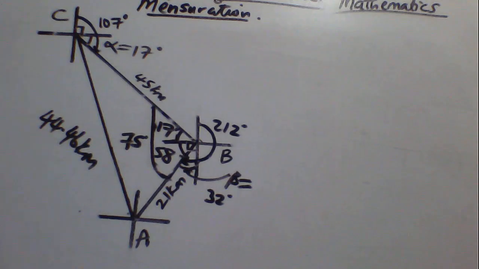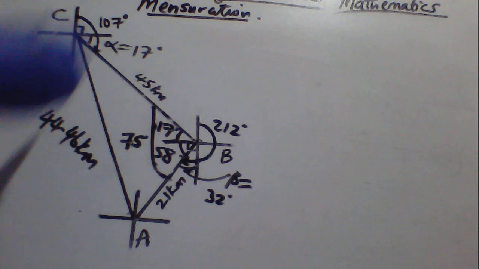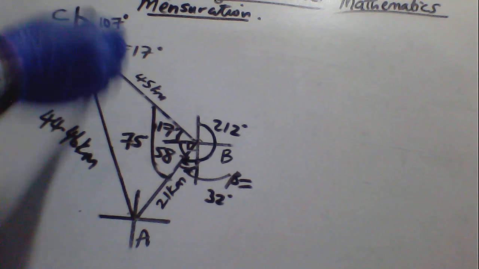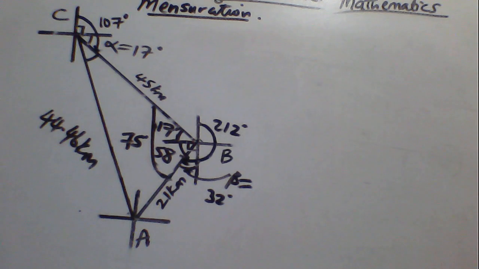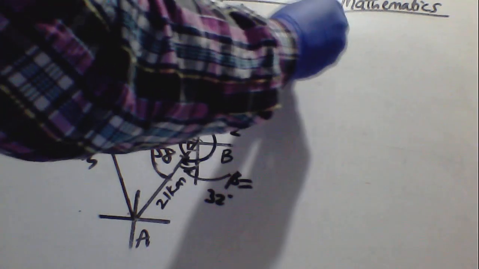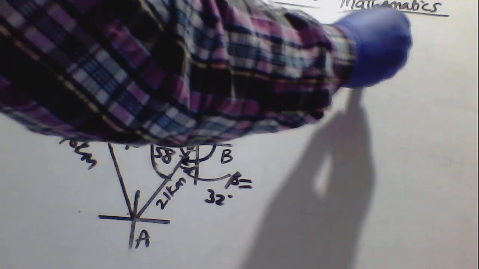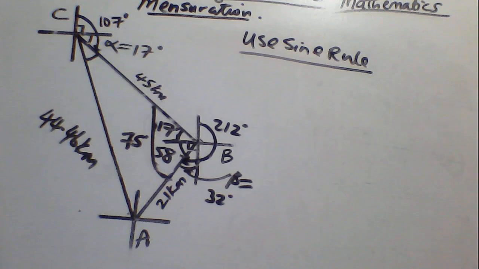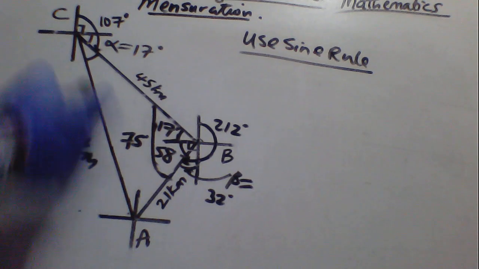You go to his house and do what? Measure the bearing. So coming to here, that means we have to find this angle here, angle C. We need to find angle C, and to do that we have to use sine rule. Using sine rule, we can get this angle.